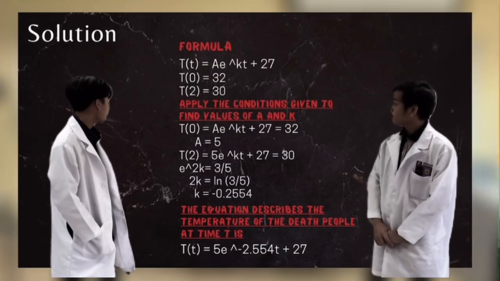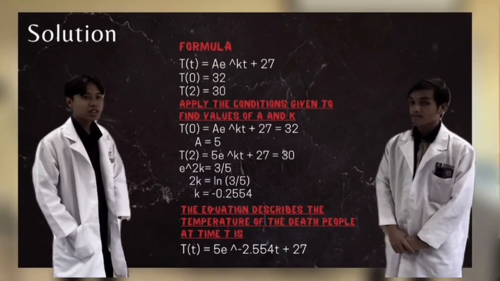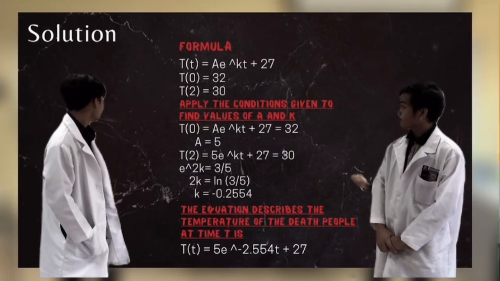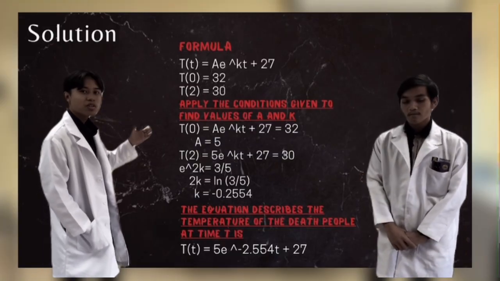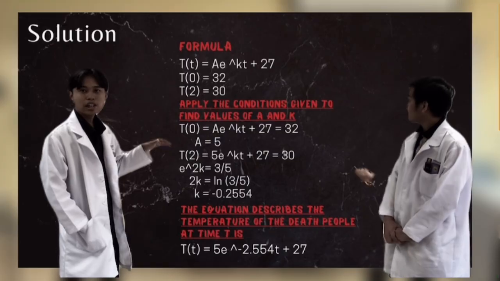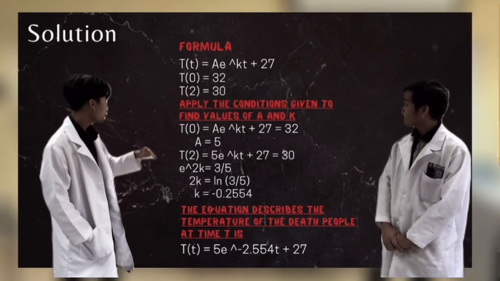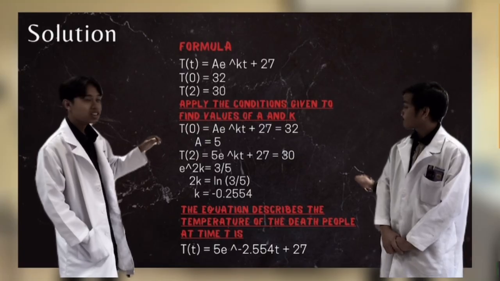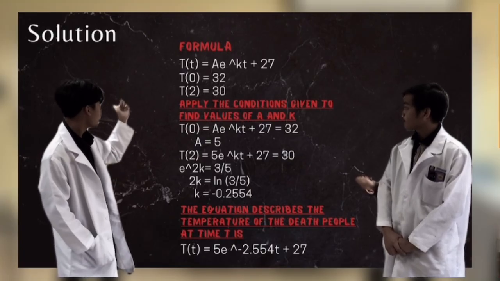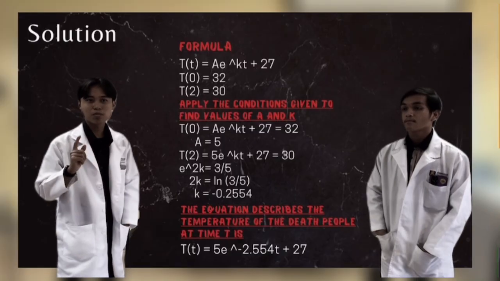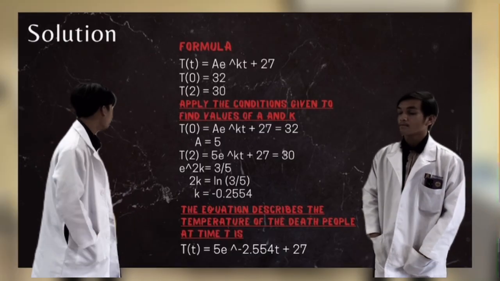After that, we substitute the 0 and the 32 into the equation. After we substitute and settle down, we get A equal to 5. Then we substitute into the general equation A e^(kt) plus Tm, where Tm, the surrounding temperature, is equal to 37.